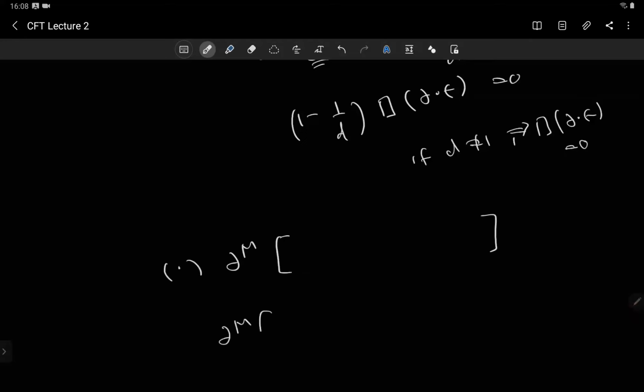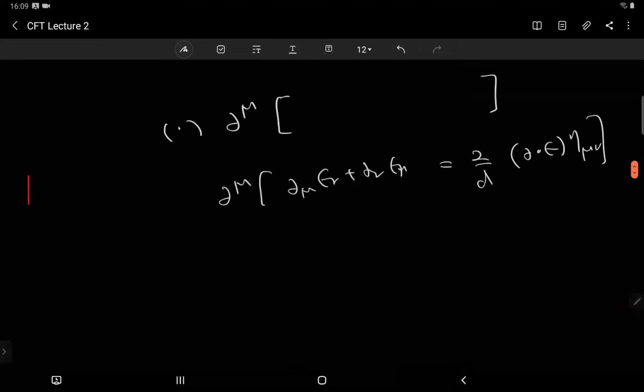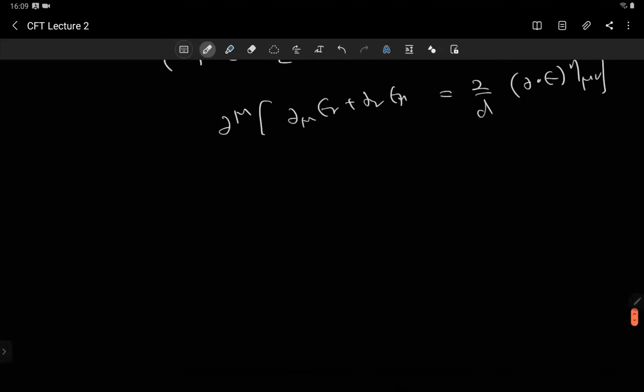You take del mu of del mu epsilon nu plus del nu epsilon mu, equal to 2 by d del dot epsilon eta mu nu. Take del mu on both sides and see what you get. Then you get box of epsilon nu plus del nu of del dot epsilon equal to 2 by d del nu of del dot epsilon.